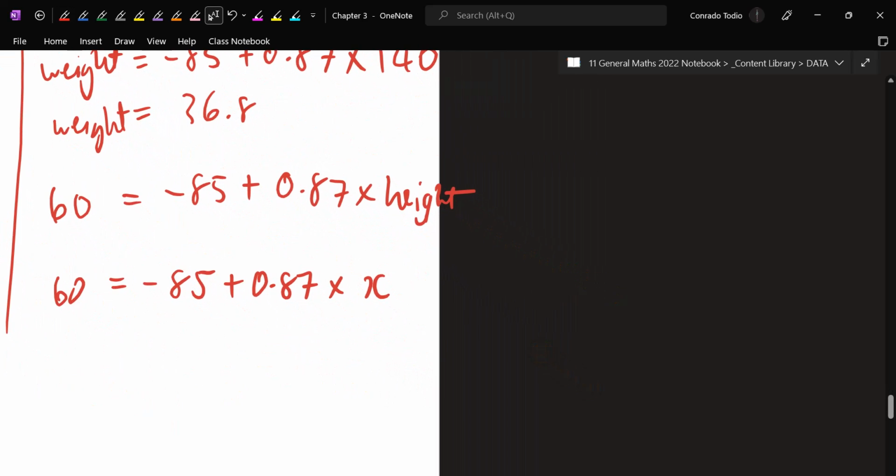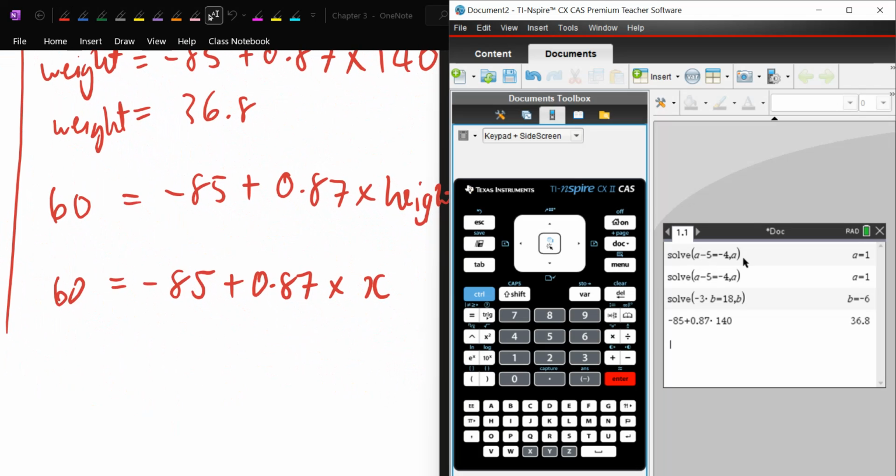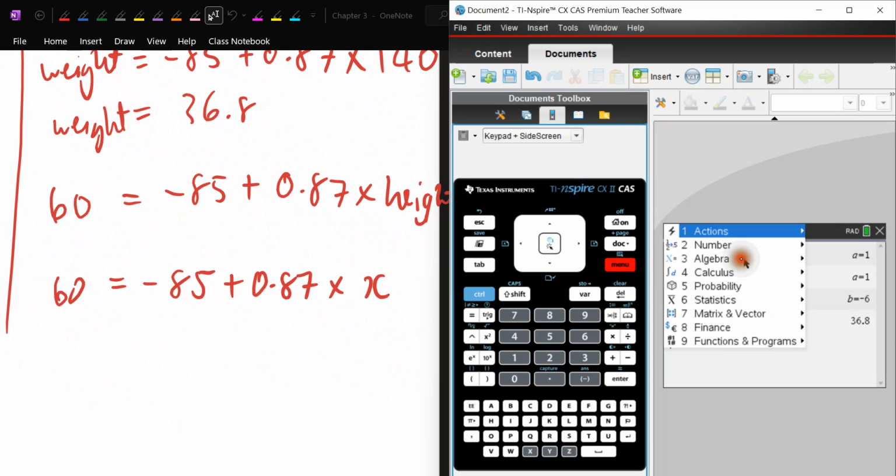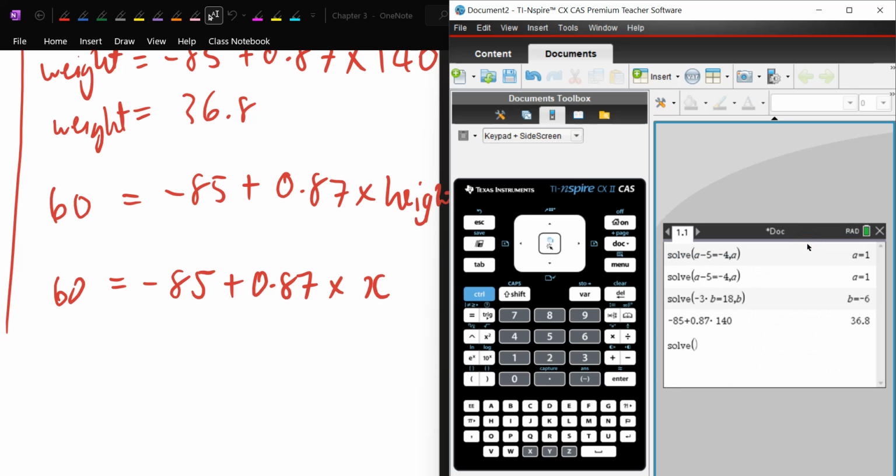Using that function menu, algebra, solve, it's going to be 60 equals negative 85 plus 0.87 times X, and then comma X, because that's what we're looking for. Close it. And therefore, the height of that person is 166.67.